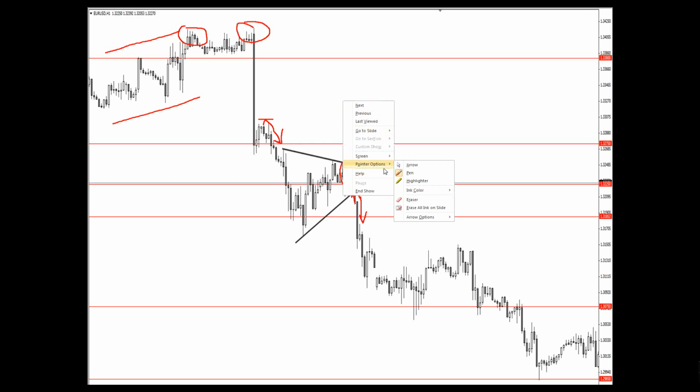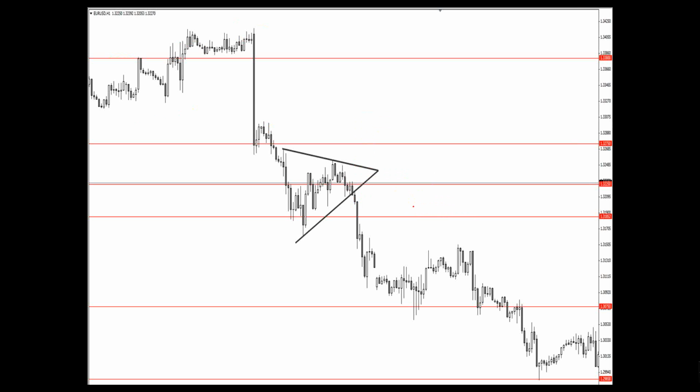So how can you trade this standard symmetrical triangle pattern? This is how I do it. I wait for the triangle sides to appear, and then I wait for the price action inside the triangle. When I see that the price is nearing the vortex of the triangle, let's say around here, it gives also an angle, right? This is an angle.